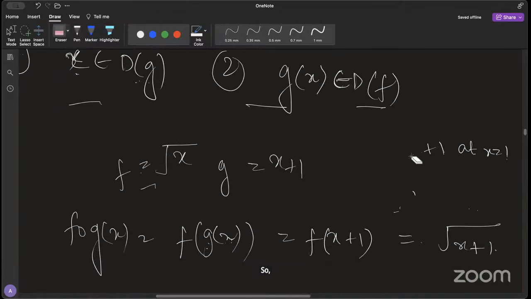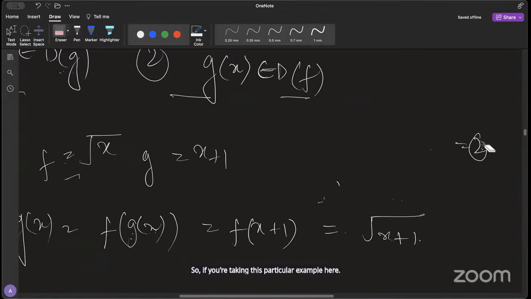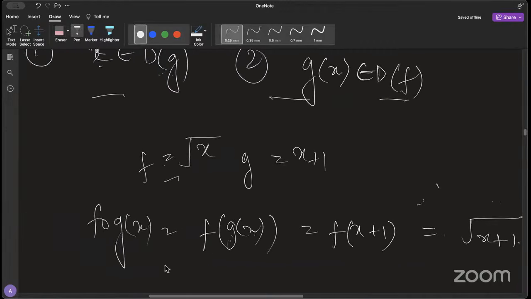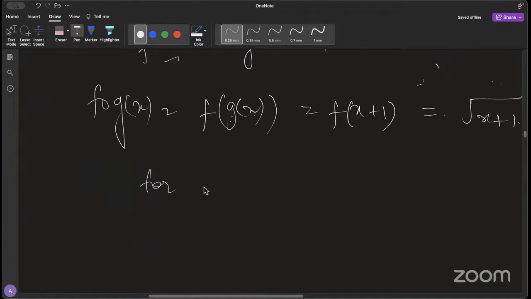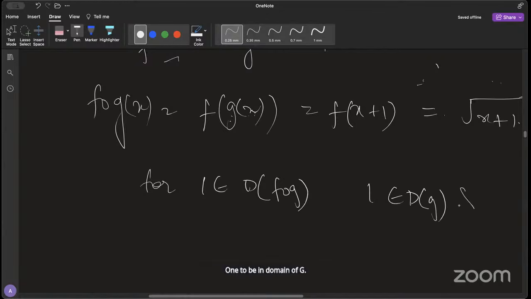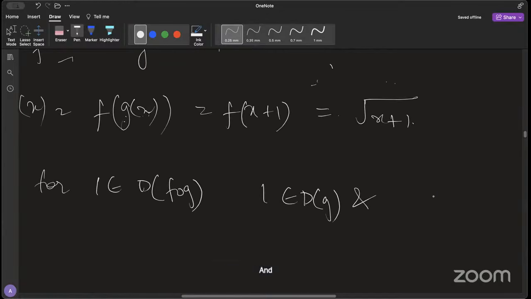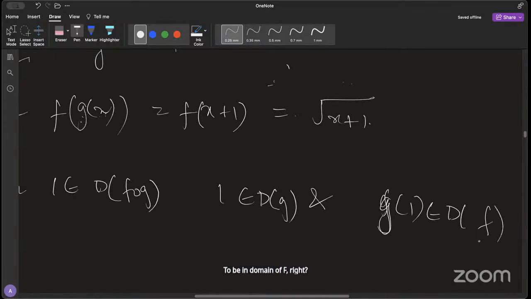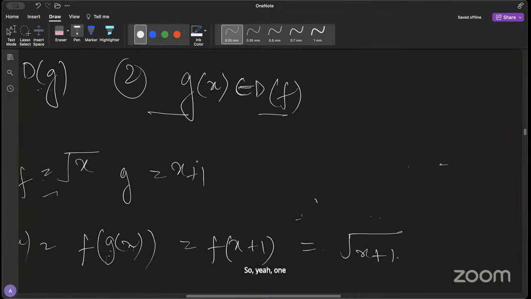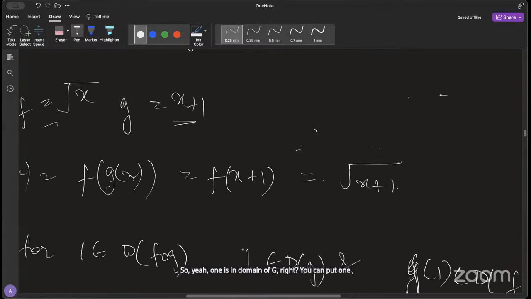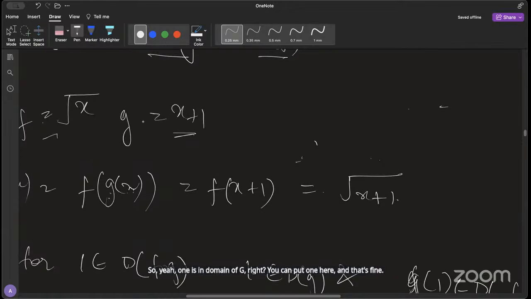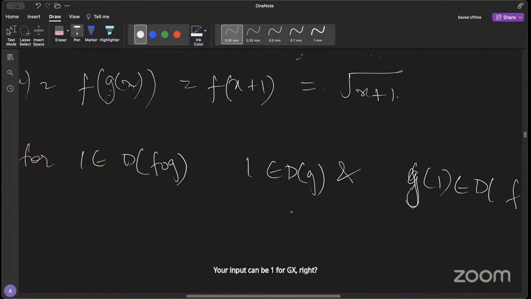So if you're taking this particular example here, for 1 to be in the domain of f∘g, you would want 1 to be in the domain of g and g of 1 to be in the domain of f, right? So your 1 is in the domain of g. You can put 1 here and that's fine. Your input can be 1 for g of x.